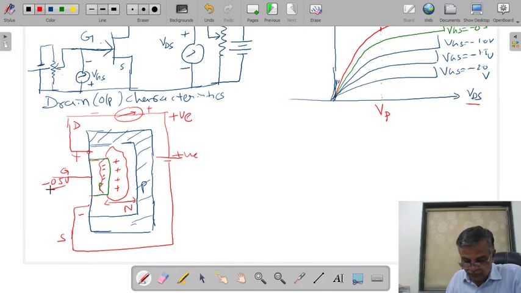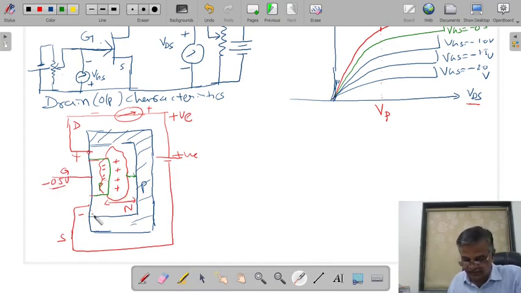Now, if you keep minus 0.5, minus 1, due to this depletion layer, the width is reduced, and only this much width is available for the electrons to go. Initially, the entire path is available when this was 0.